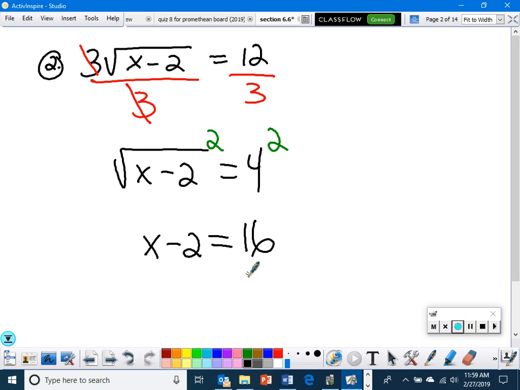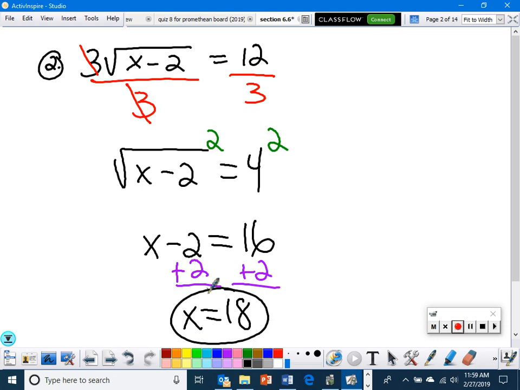And to get x by itself, all we need to do now is add 2. And x equals 18. Next.